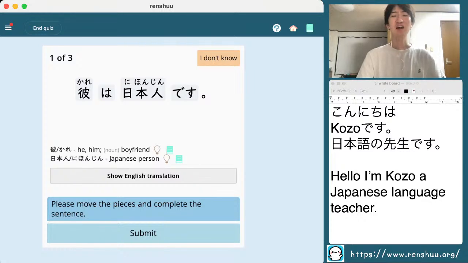Actually, in daily conversation, 日本人です彼は is kind of natural and probably sounds more native.